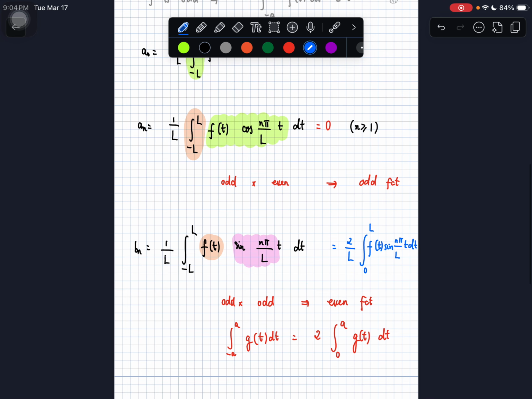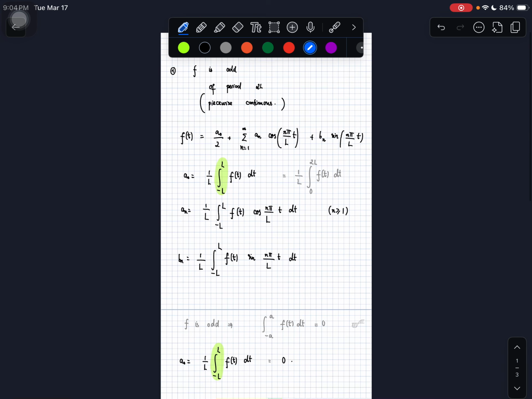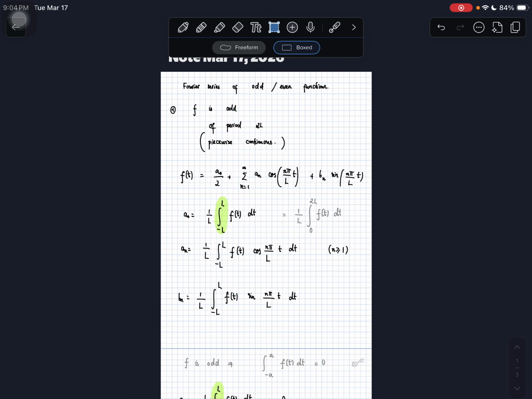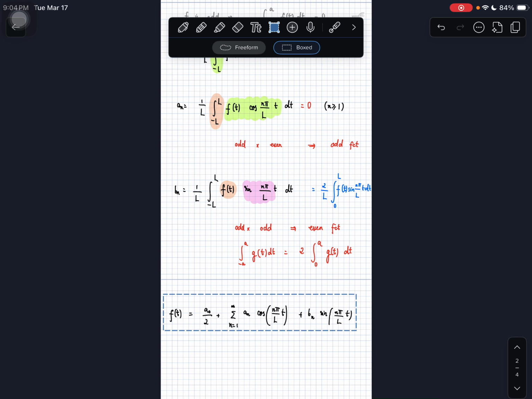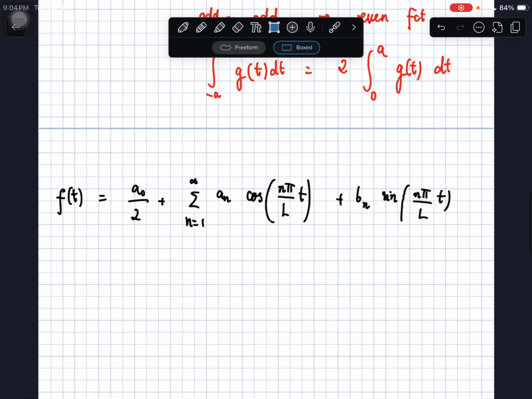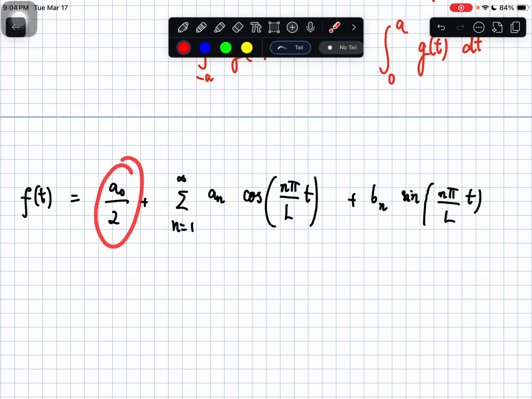So now we computed all the coefficients. The Fourier series of f(t) equals this one 0, this one 0.